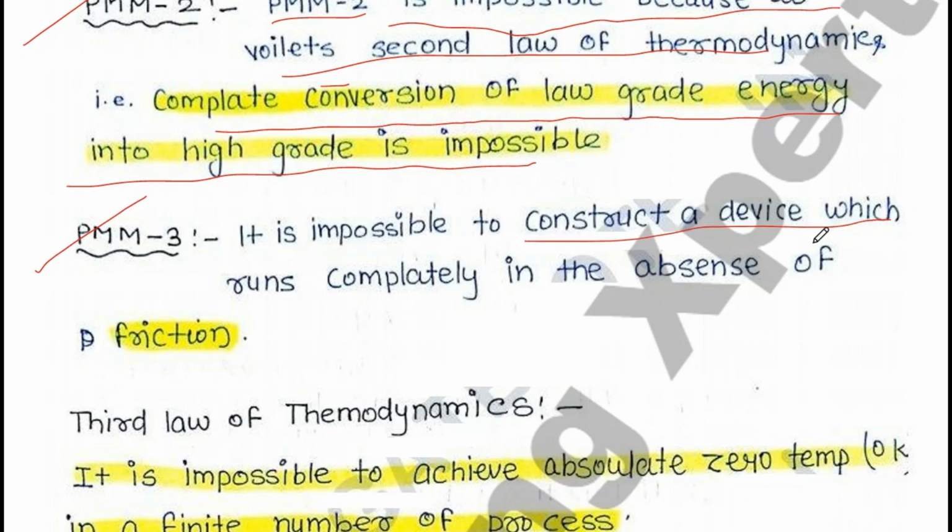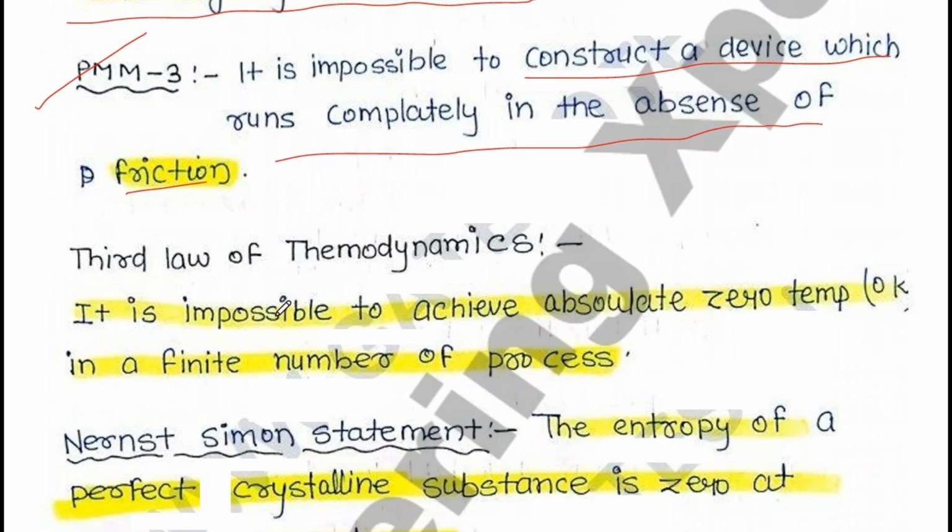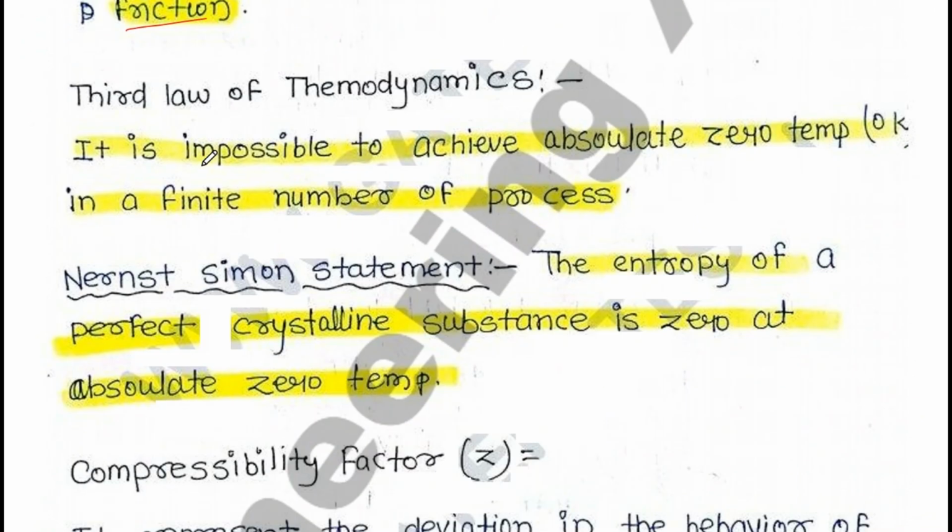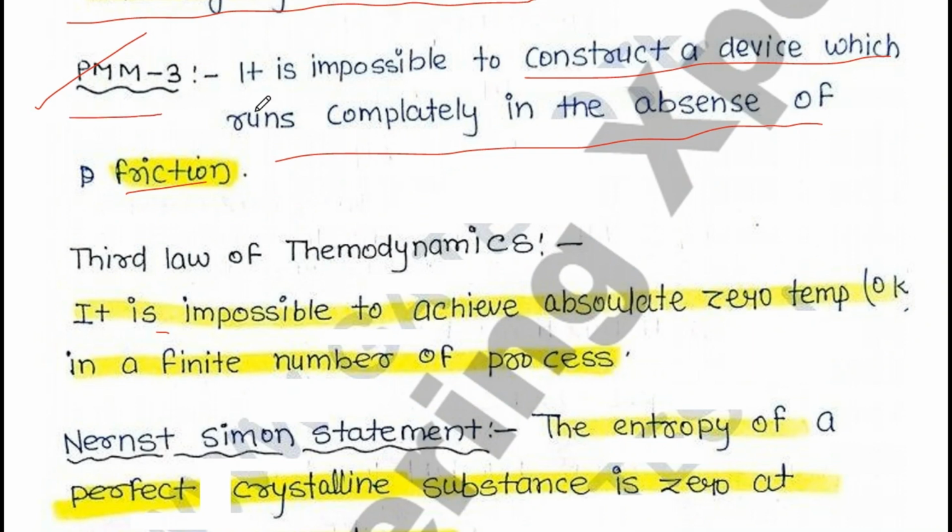Similarly, PMM3 is also there. It is impossible to construct a device that runs completely in the absence of friction. So you cannot avoid friction anyway. Perpetual motion machine 3 violates the third law of thermodynamics.